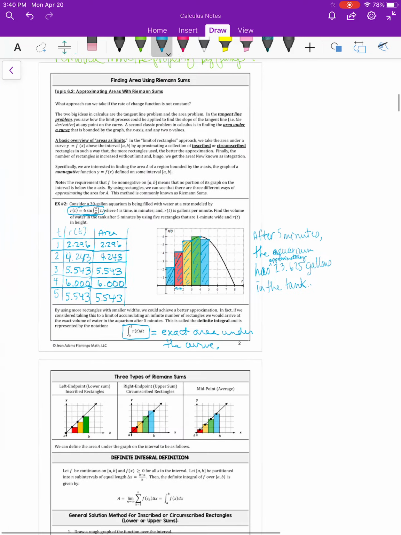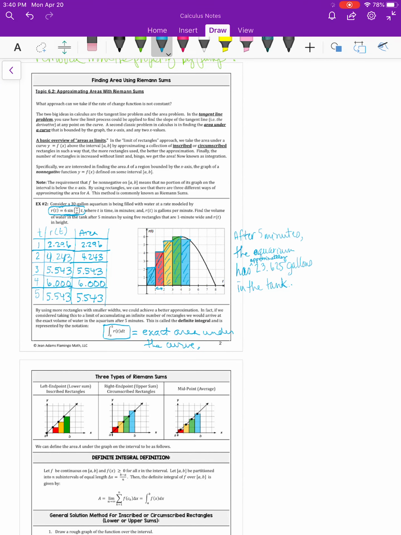And I guess I probably should have put approximately. The aquarium has approximately 23.625 gallons in the tank. Okay?